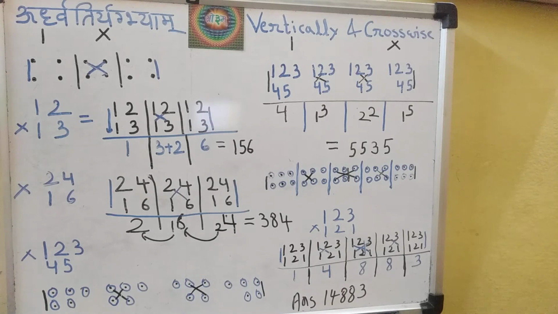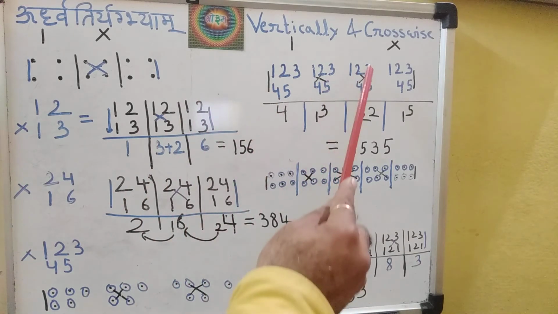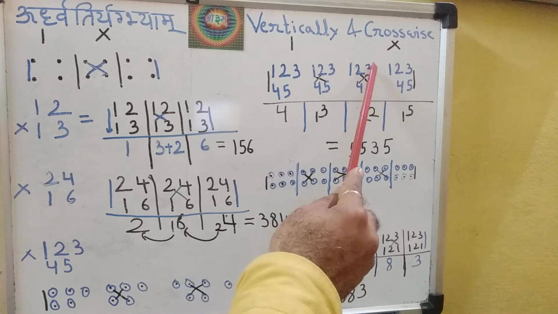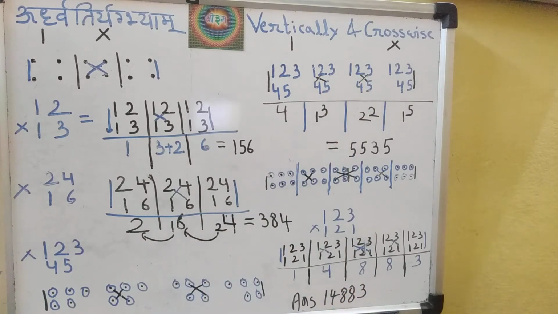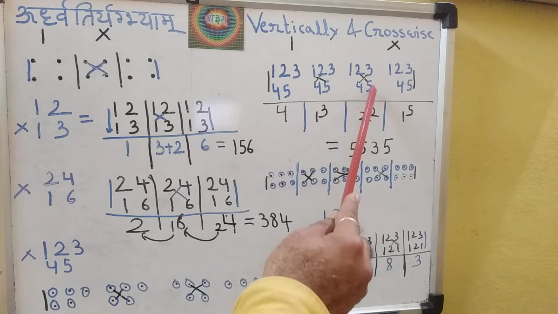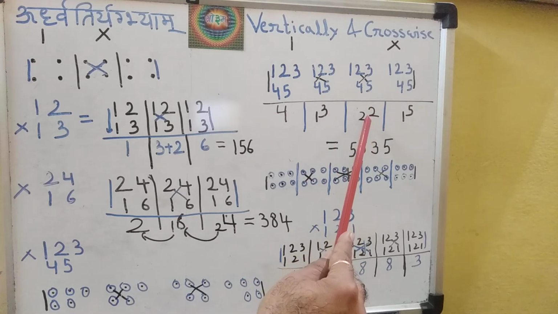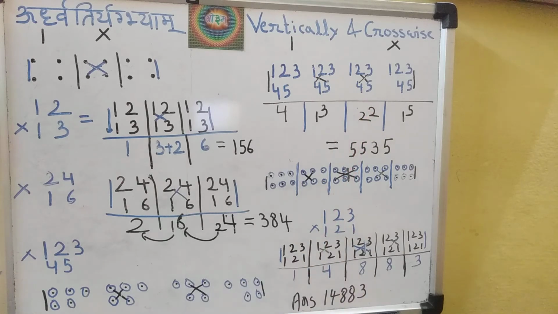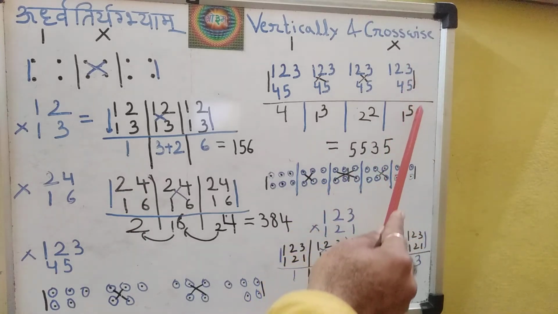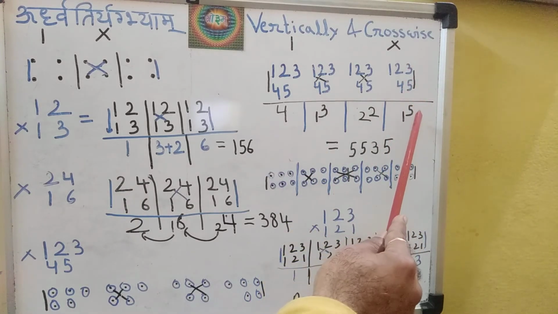In the third step, we multiply crosswise. 2 into 5 is 10 and 4 into 3 is 12. Partial products 12 and 10 are added to get 22. We drop 2 and carry 2. And finally, we multiply the right digits. 3 into 5 is 15. We drop 5 and carry 1.